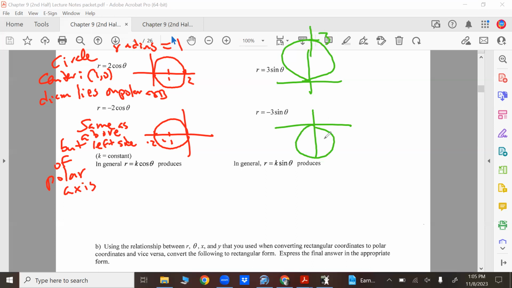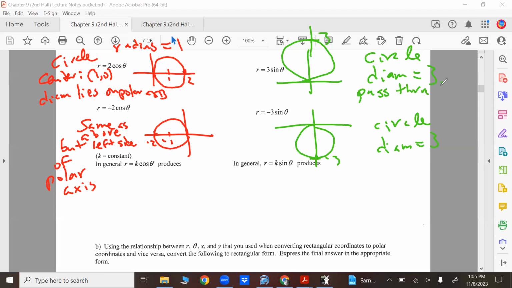Yeah, so that's at 3. That's at -3. And again, they're circles. You get the idea. The diameter is 3, so the radius is 1.5. Both pass through the origin.